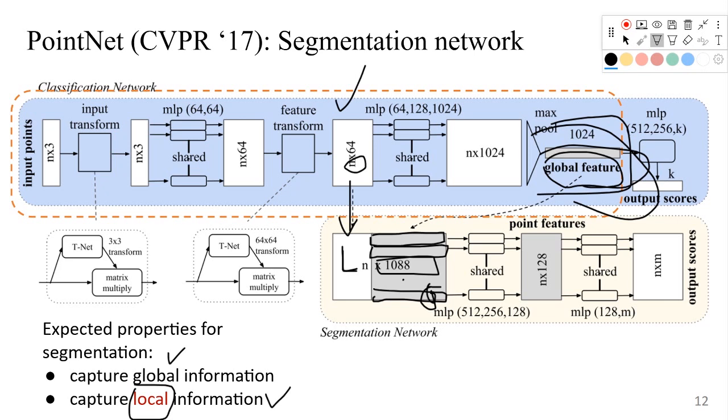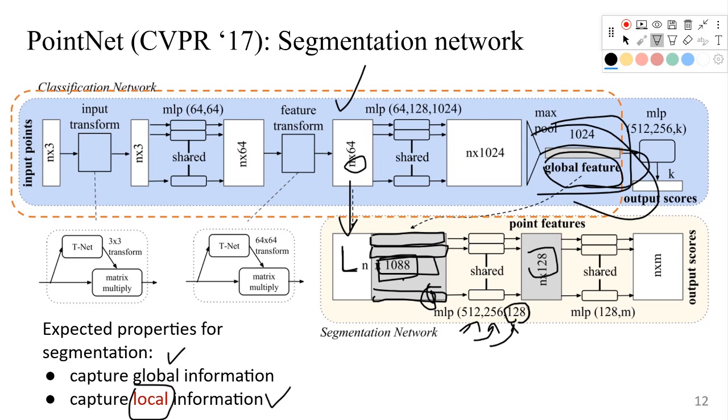After we have this, we basically just apply another MLP. We map this embedding dimension of 1088 into another dimension, 128, and then we map into another embedding dimension, and finally we have this embedding dimension.